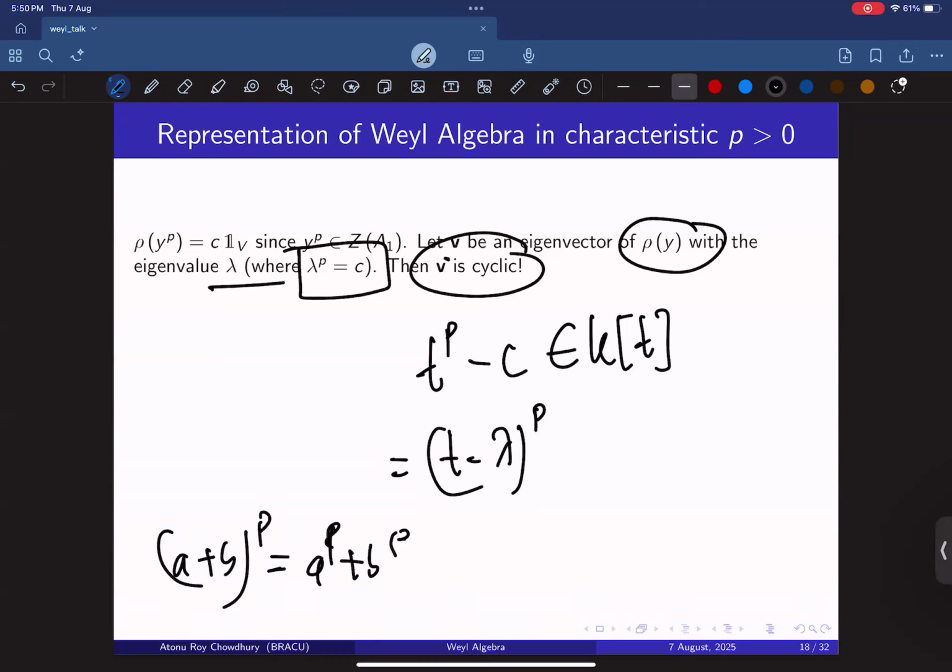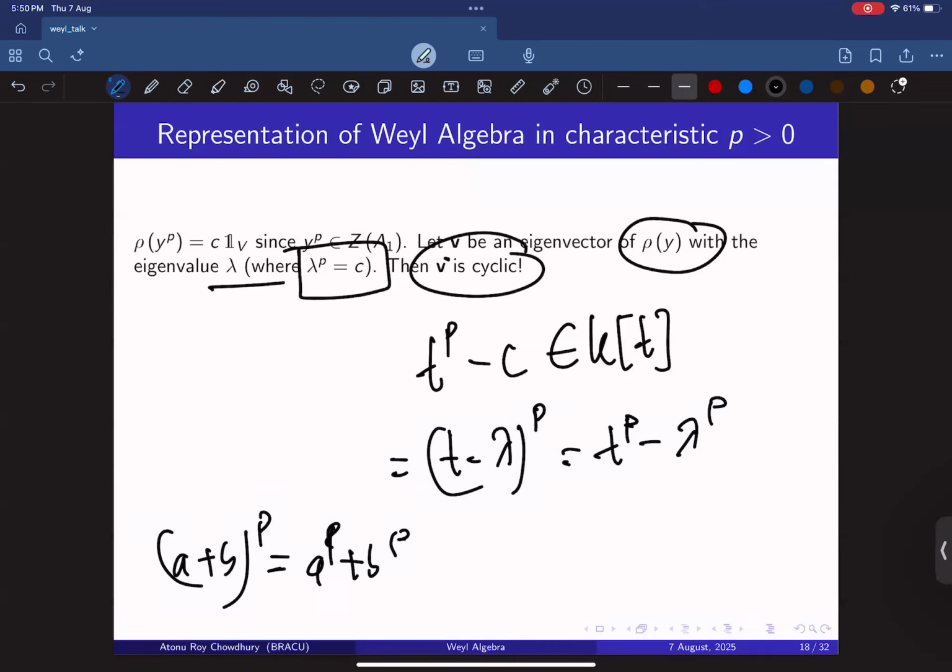This is true in characteristic p, and we are in characteristic p, so this has to be equal to t to the power p minus lambda to the power p. And lambda to the power p is equal to c. So that means rho of y, this operator, has exactly one eigenvalue. This is useful later on.